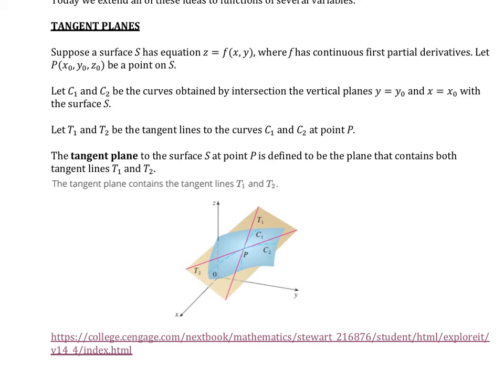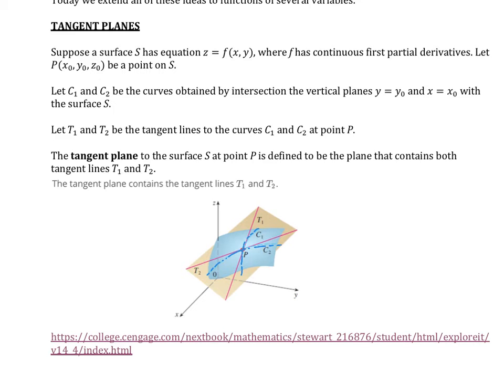Picture this graph here, and here's my point P. We have some curves that are obtained by the intersection of vertical planes, whatever we let y equal, whatever we let x equal, so we have a curve here, and we have a curve here, and they're on that blue surface.